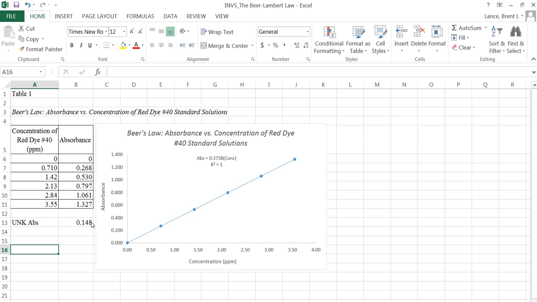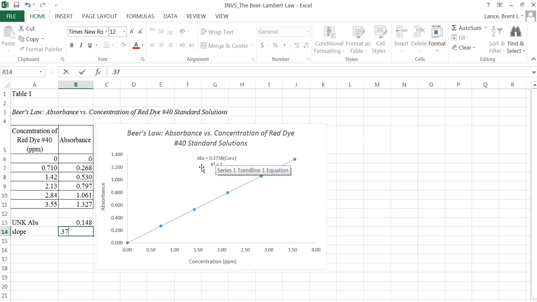So that was my unknown absorbance. When I measured the absorbance of the unknown on the same instrument, the same way. Okay, and so now that I have the unknown absorbance, this equation right here, I can use that to solve for the concentration. So the slope from that is 0.3738.